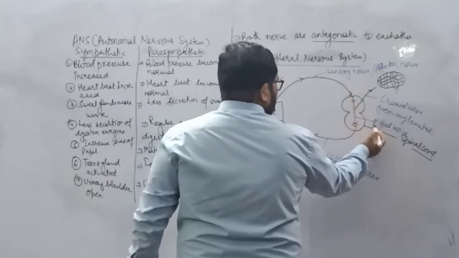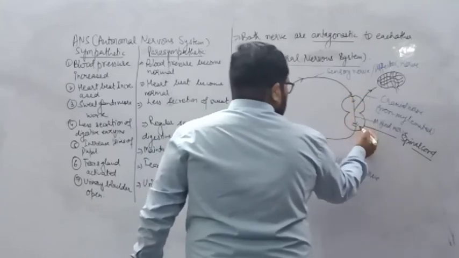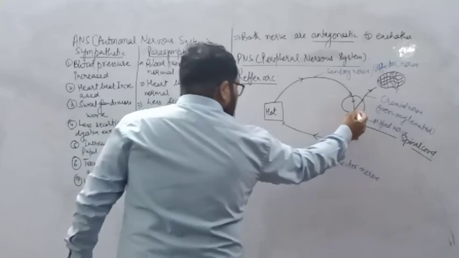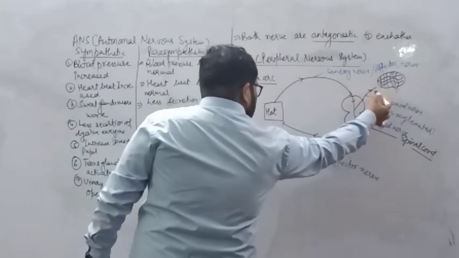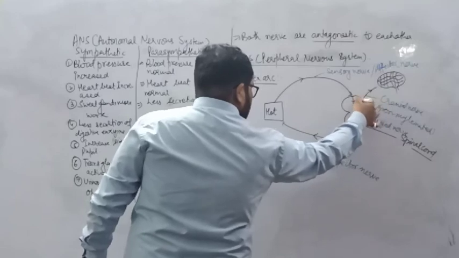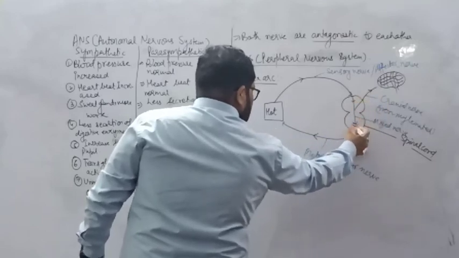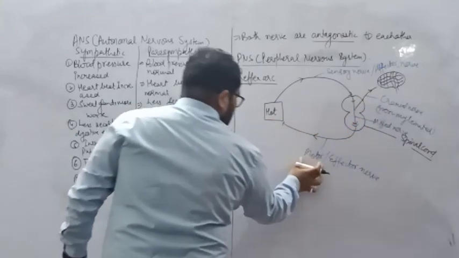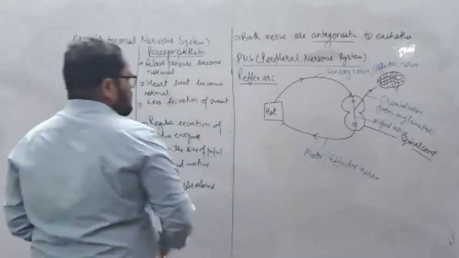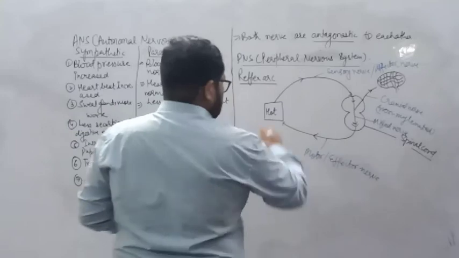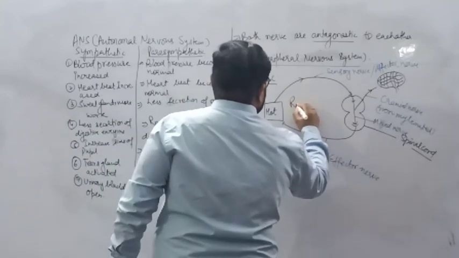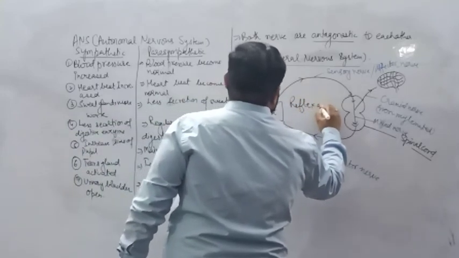So this one is called mixed nerve. Okay, after that whatever information comes from the brain, later that information goes to that object with the help of motor nerve or effector nerve. Okay, so this one is called reflex arc.